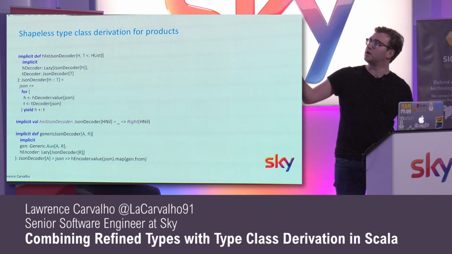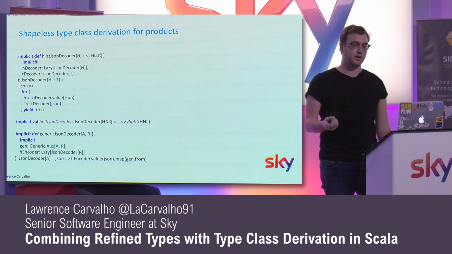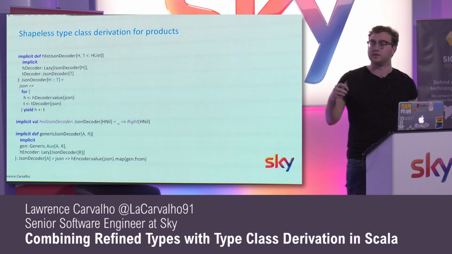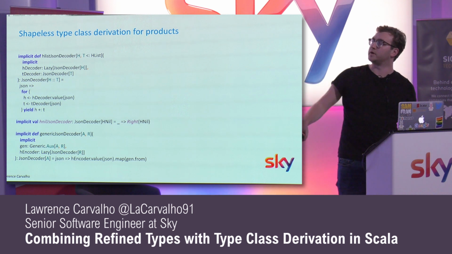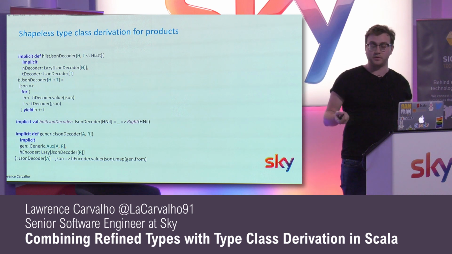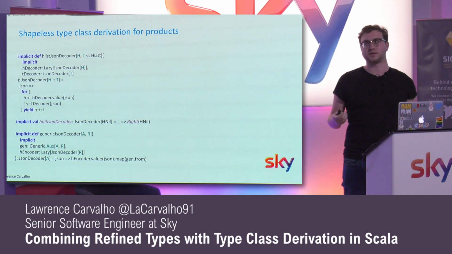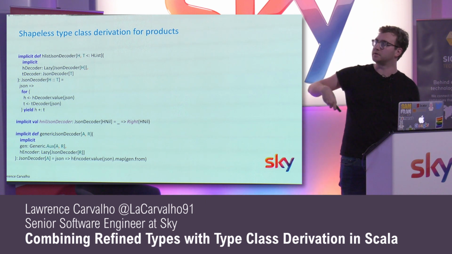So what shapeless will do is it will use the type class instance for your head type. And here you can see that we're running that type class instance. And then below you can see we're referencing T decoder, which is the type class instance for the H list tail. So then it's a recursive call, right?